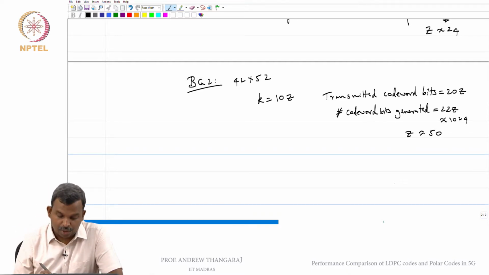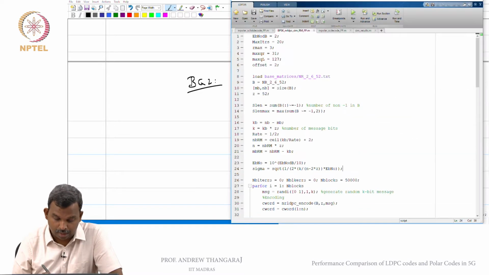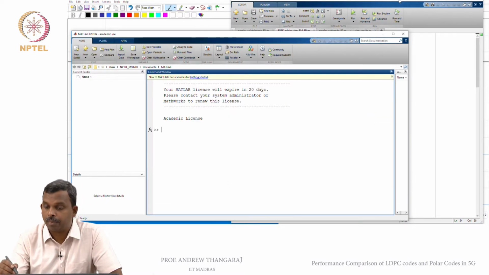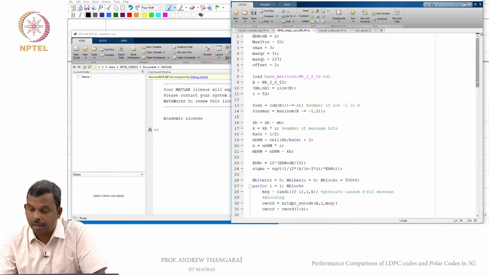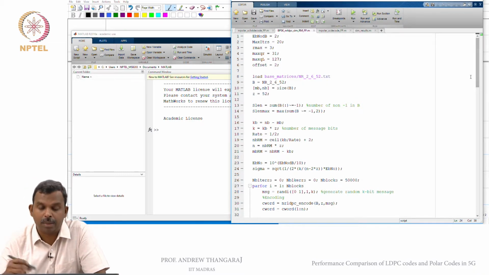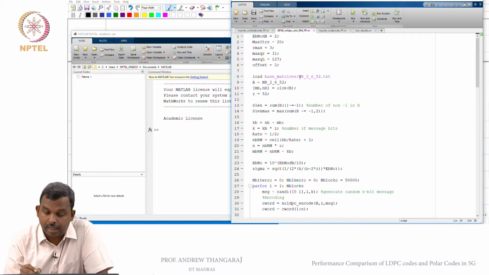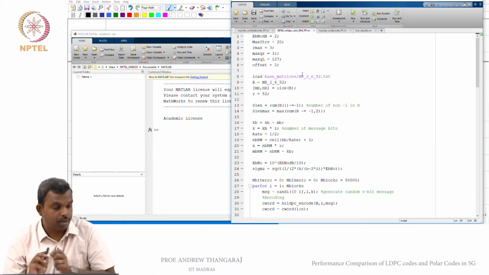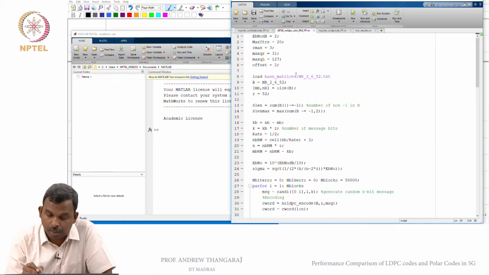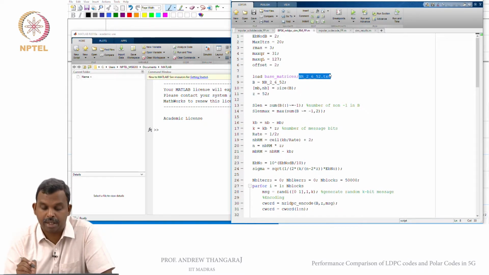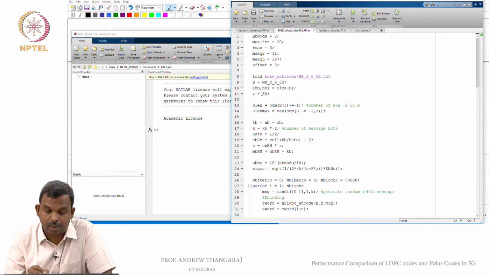Okay, so let me show you how the MATLAB code works out, just to show you one possible case here. This is the LDPC part. Okay, we'll come to the polar part later on. So you can see that I'm reading NR2652, that is the base matrix, and Z becomes 52.